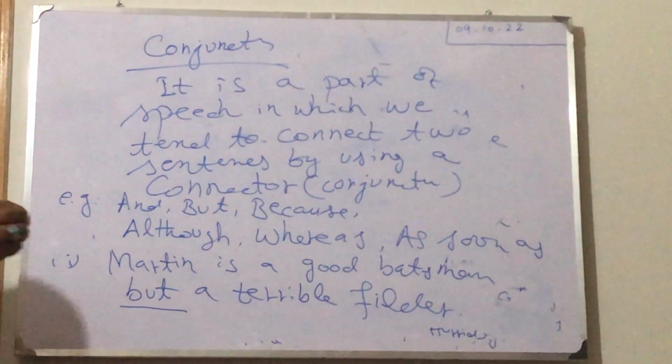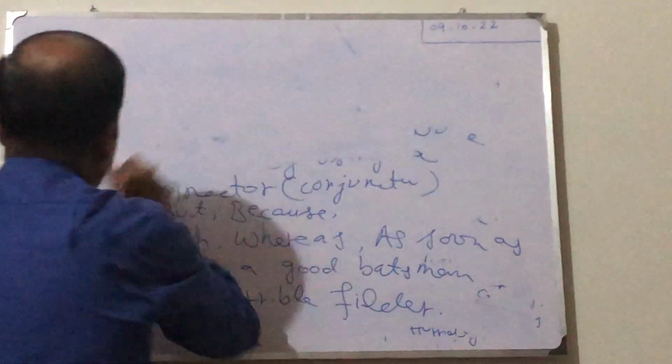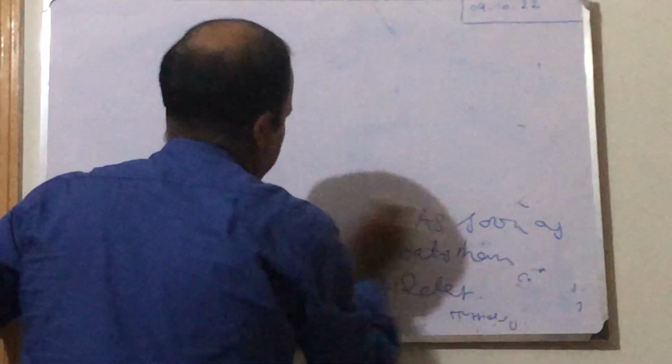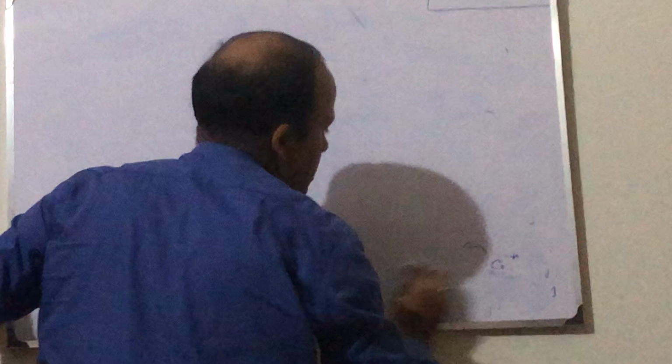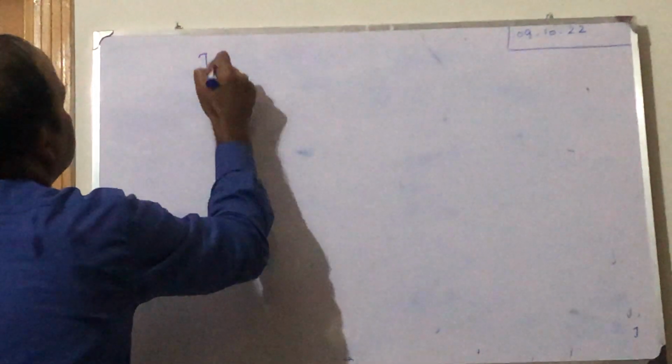Now, I'm going to erase this because the next step happens to be interjection. Okay, so all my subscribers, all the students, please concentrate here a bit more. Now, interjection.